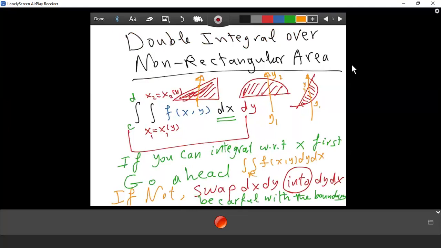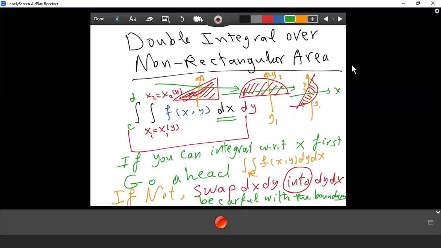If I couldn't integrate with respect to y first, what do I have to do? To find the values of y, you come from down to up. To have the value of x, you come from the left to the right. So this will be x1, this will be x2. Also here, you're coming from left to right to have the value of x.